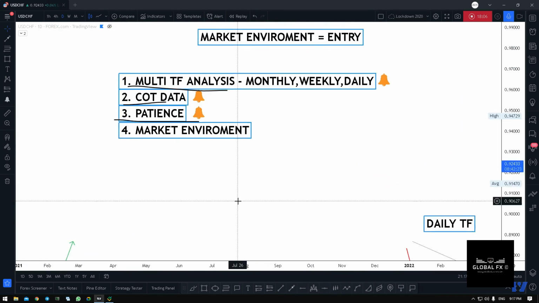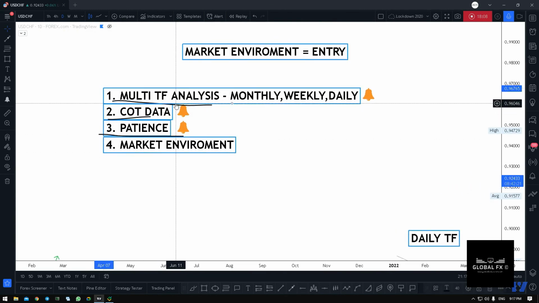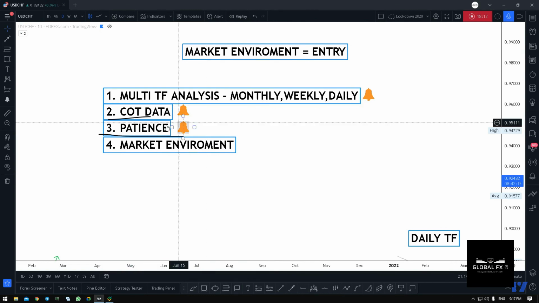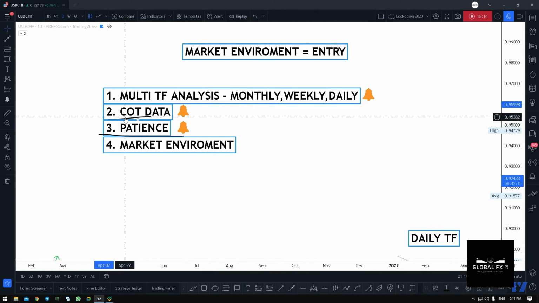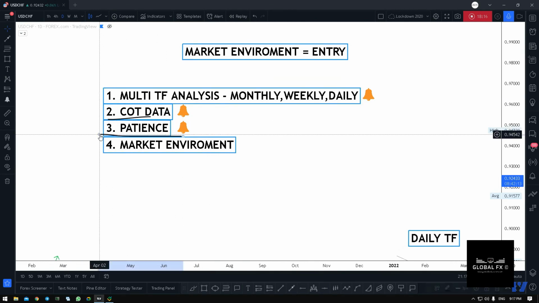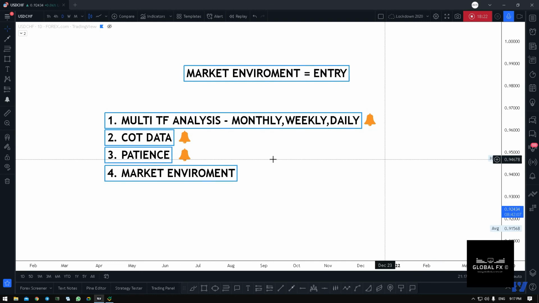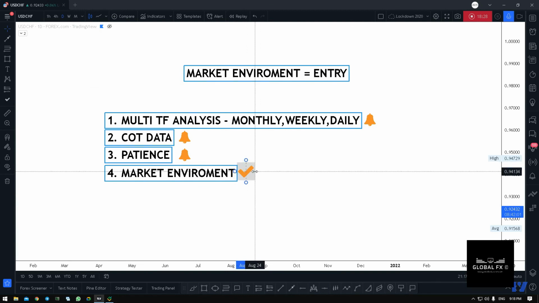If you combine the multi-time frame analysis together with the COT data, you should not have any problem with entries, because one of the most important things in the market is to be looking for this type of momentum change or environment change when you're looking for your entry.